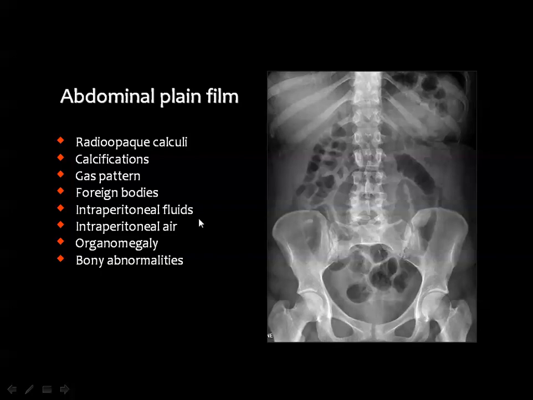This is the role of ultrasound mainly. Then intraperitoneal air and the enlargement of some of the organs, especially the liver and the spleen.